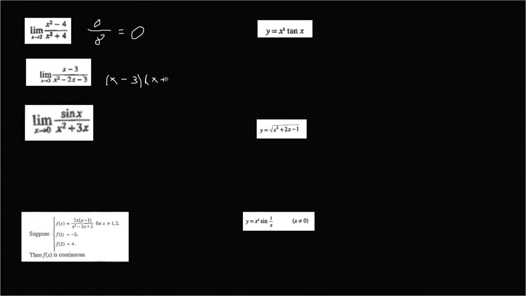So this does factor nicely, and now I have x minus 3. So these two terms cancel, and now this is just going to be 1 over, and then we can substitute now, assuming x does not equal 3, but if it approaches 3, it will be 1 over 4.